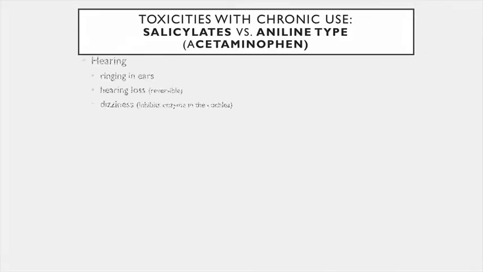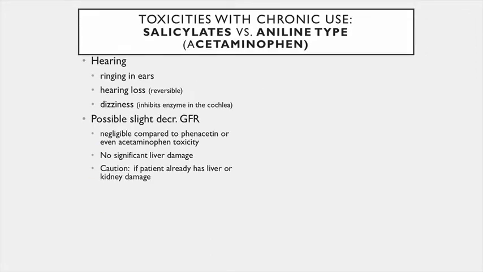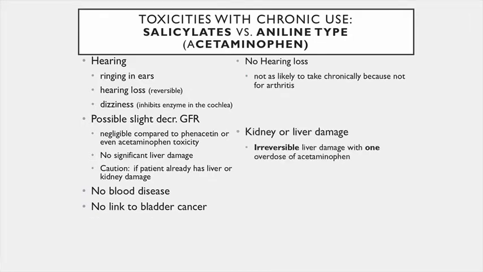However, with acetaminophen, when we get into the toxicities with chronic use, there's a couple of things that you'll see with acetaminophen and not with salicylates. So with salicylates, toxicities with chronic use, with chronic aspirin toxicity, there is a syndrome that looks a bit like what happens when people are being treated for malaria, and it's called cinchonism.